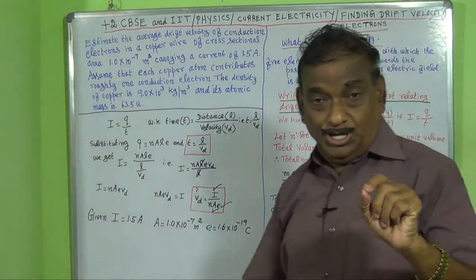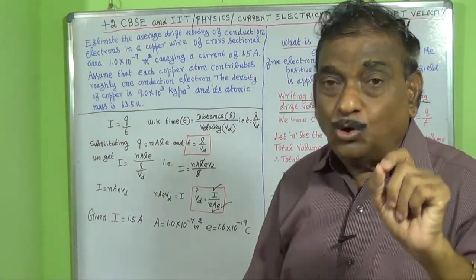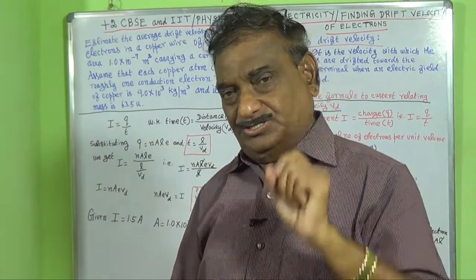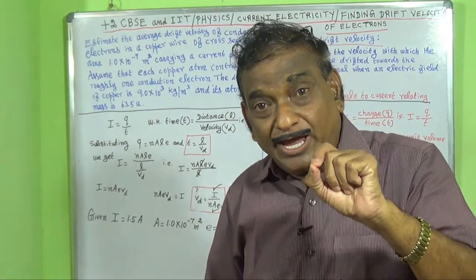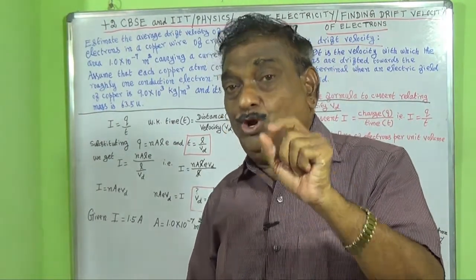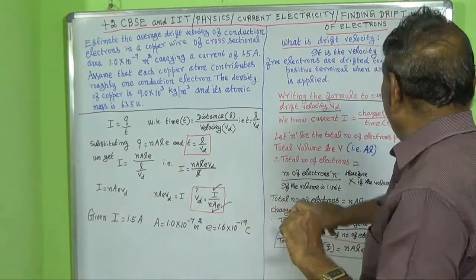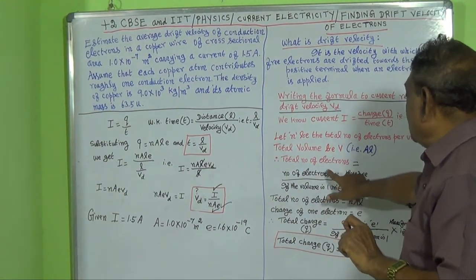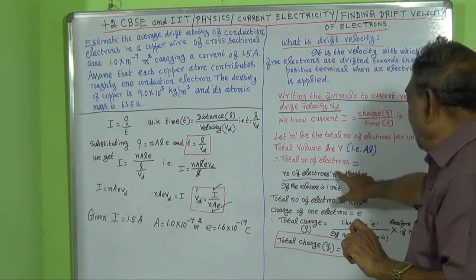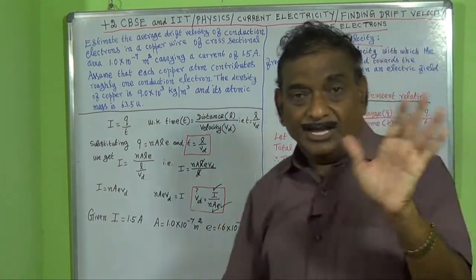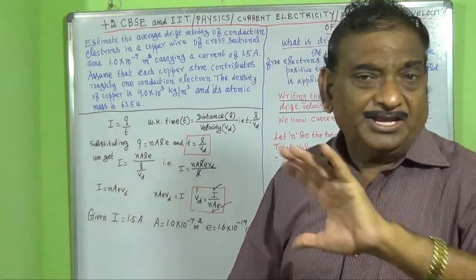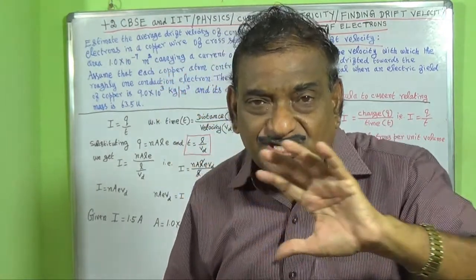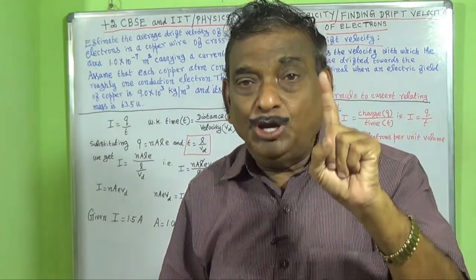Now we are going to find the total number of electrons. If the volume of the wire is 1 unit, the number of electrons flowing in the wire is taken as small n. Here the volume of the wire taken is not considered as 1 unit.